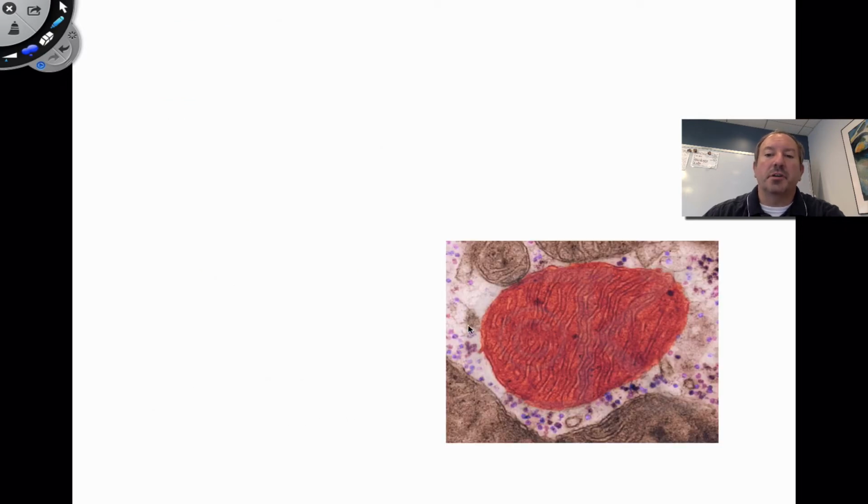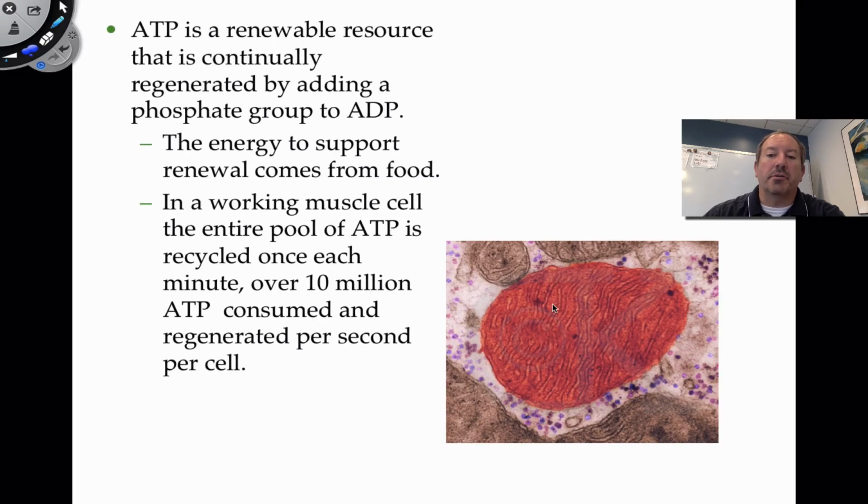And so here's a close-up, again, transmission electron micrograph of a mitochondria. The mitochondria makes a tremendous amount of ATP, and again, food is burned in the mitochondria, and the energy of burning food, the oxidation of food, is ultimately used to attach the third phosphate.